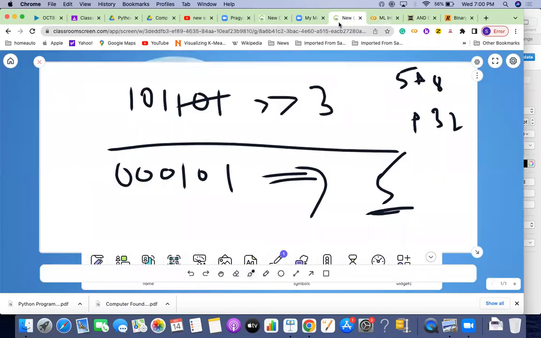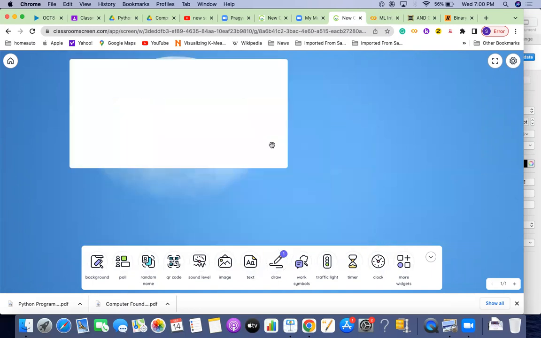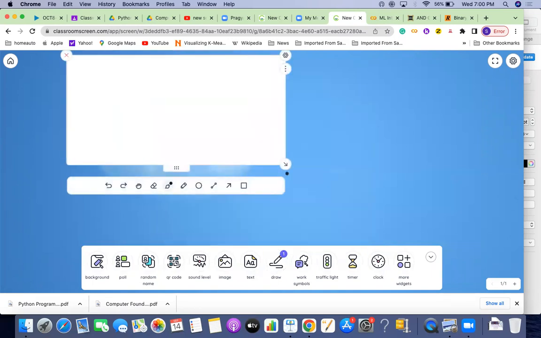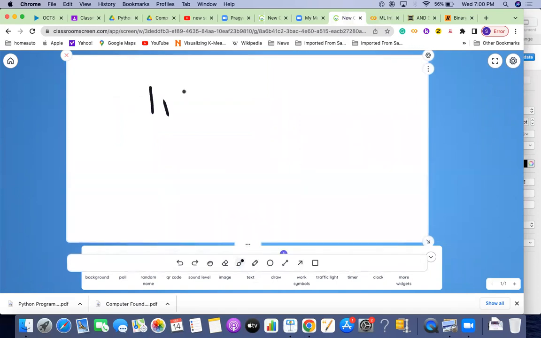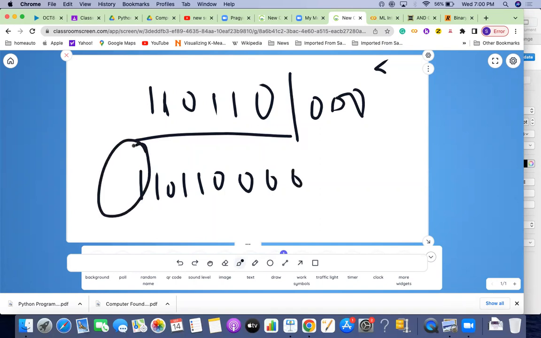If I had to do a left shift, the left shift also has a simplest way. The theory is already explained. Assume 1 0 1 1 1 0. If I left shift by 3, the value becomes 1 0 1 1 1 0 0 0 0. Here also it will drop off when it goes beyond 32 bits.